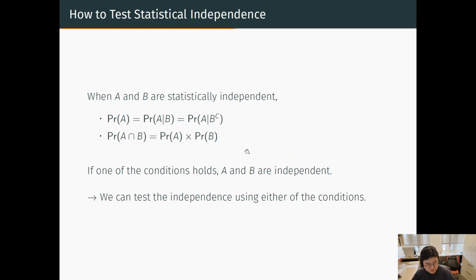Okay, then what's more complicated is, in the first chapter we learned mutual exclusiveness. How do we check that? That's simple. Calculate the probability of intersection. If it is 0, then mutually exclusive, otherwise not. But if you want to check if two events are statistically independent, it's not as easy, right?